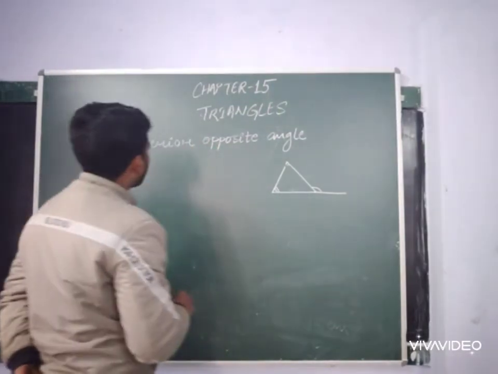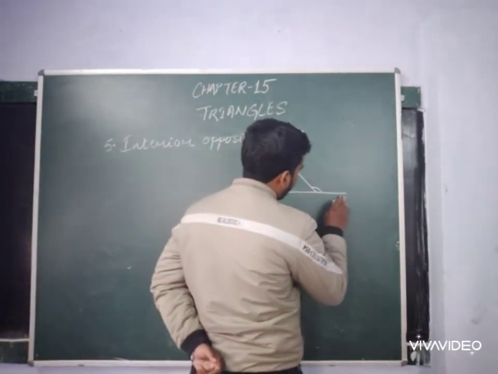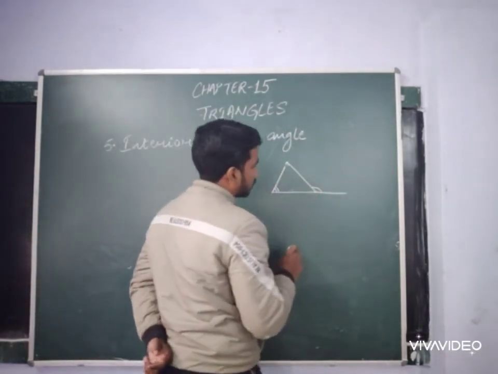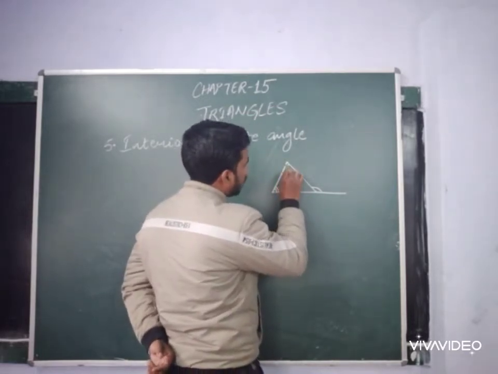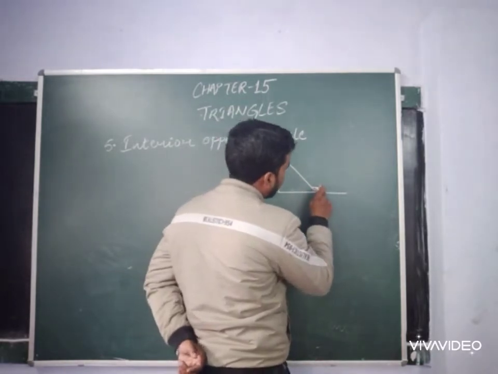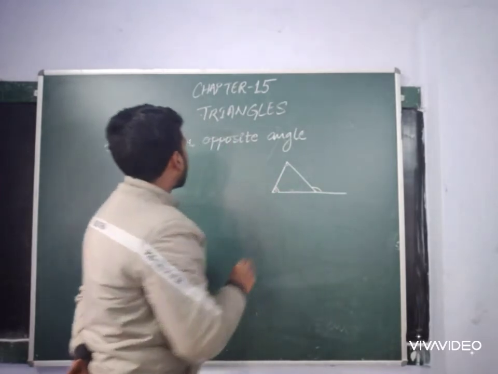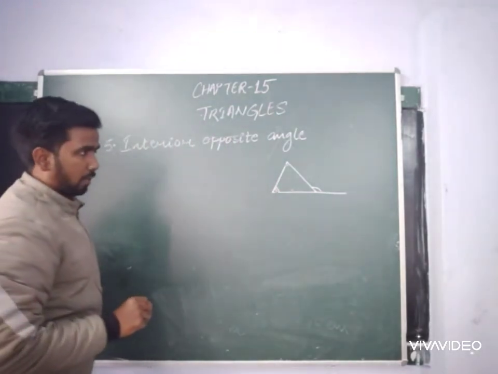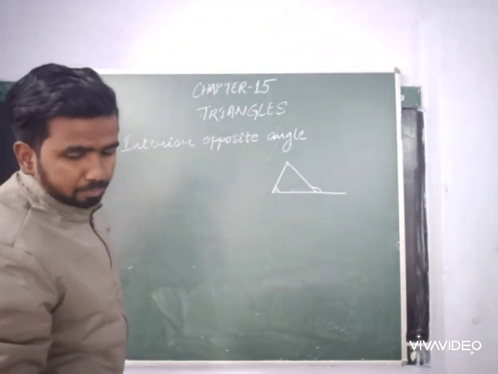So what do you mean by interior opposite angle? If we are producing a line, an exterior angle is formed. So the interior angles which are opposite to the exterior angle, that is called the interior opposite angle. Let me write this definition.